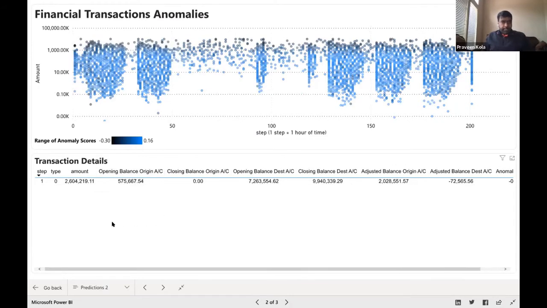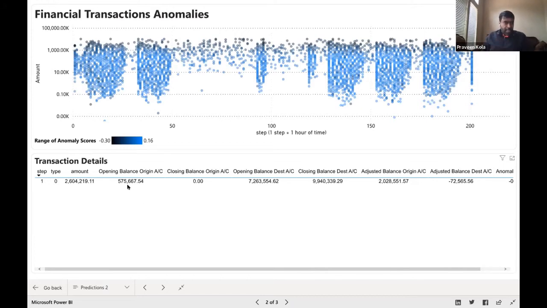It is saying that the amount transferred is supposed to be 200K or 2 million in this case. But the simple thing is, you have a certain amount in your account, and you are transferring that amount.